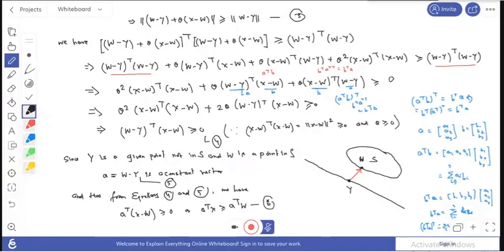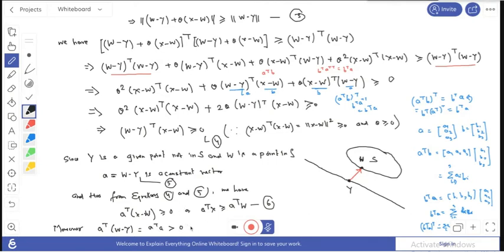Okay, and moreover, what is the value of A transpose W minus Y? You know that W minus Y is the vector A, so this is A transpose A, and this is a constant vector. So A transpose A is always greater than 0.